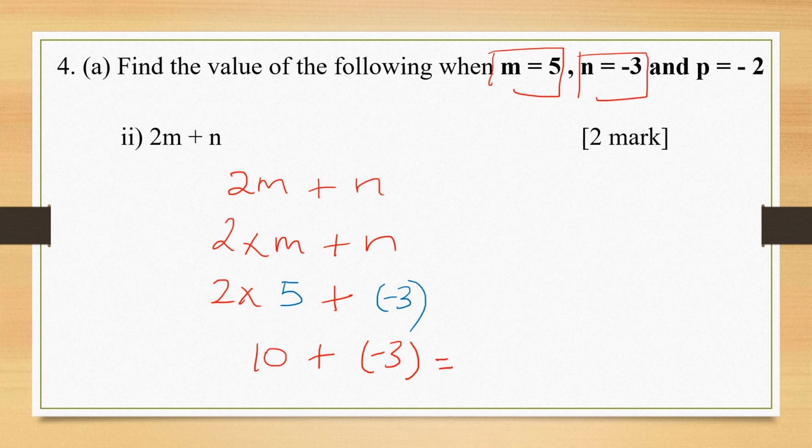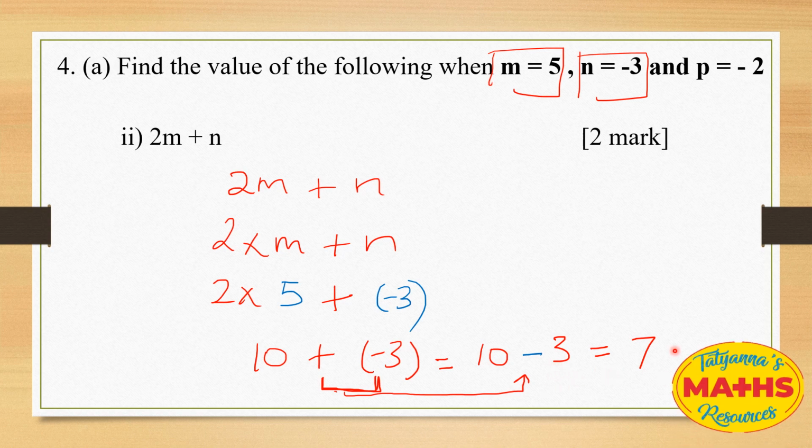So we're going to get 10. These two signs here are going to give me minus. We're going to get 3. That is equal to 7. So the plus and the minus gives you a minus. So we're going to get 10 minus 3 is equal to 7.